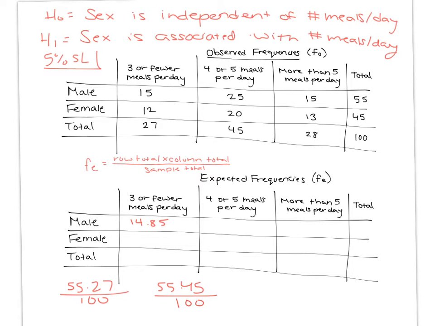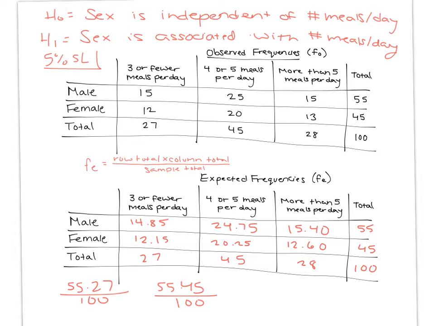And so when we do that, we have 55 times 45 divided by 100 gives us 24.75 for our expected value. Okay, and we're going to continue this process and complete all the rest of these expected values.